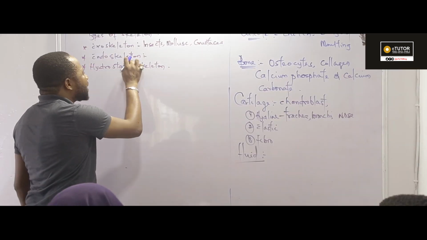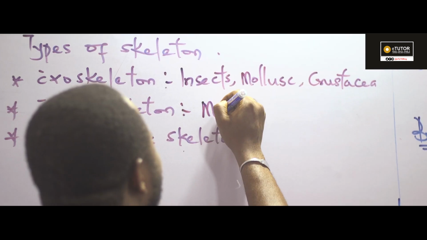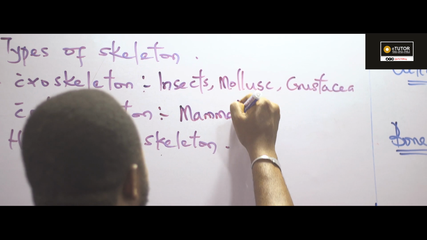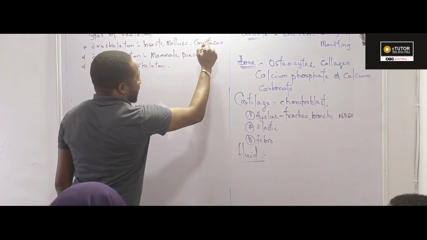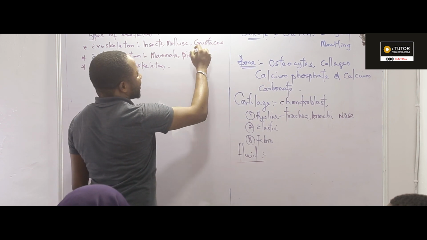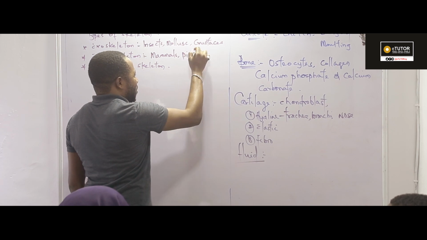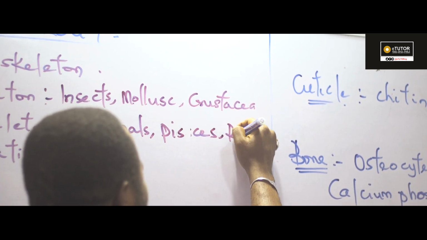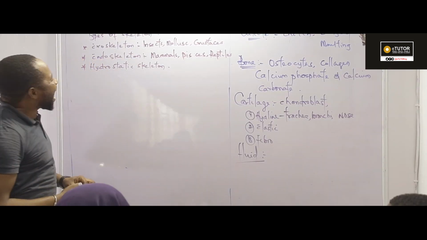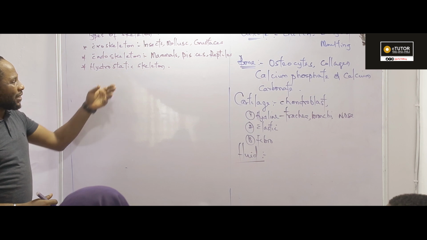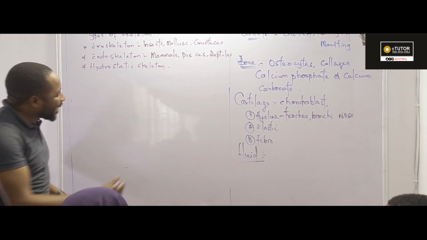Examples of animals with endoskeleton are mammals, pisces, reptiles, etc.